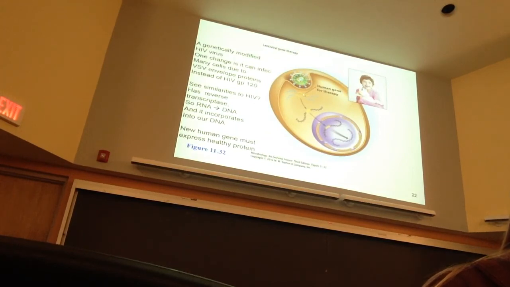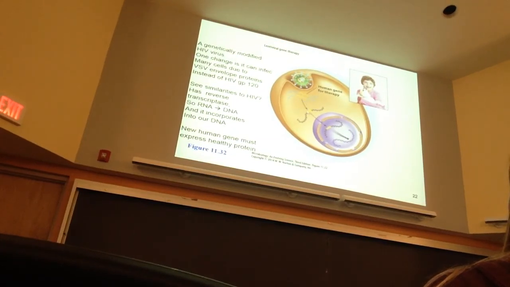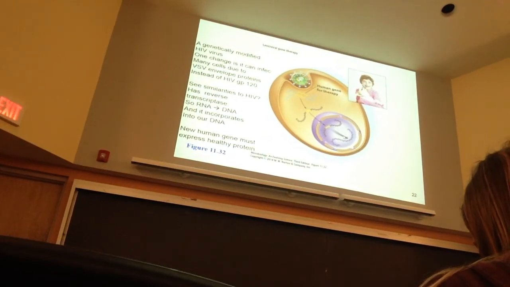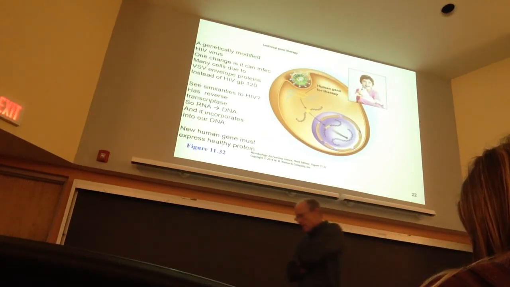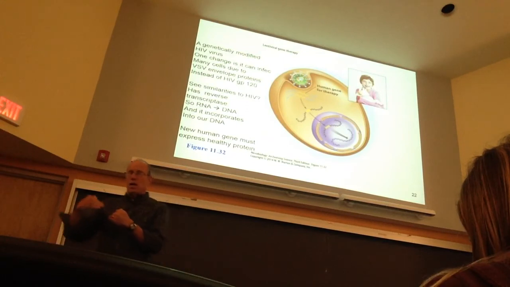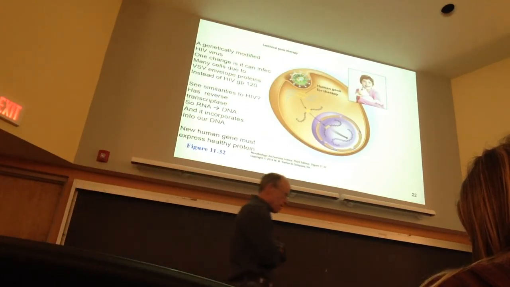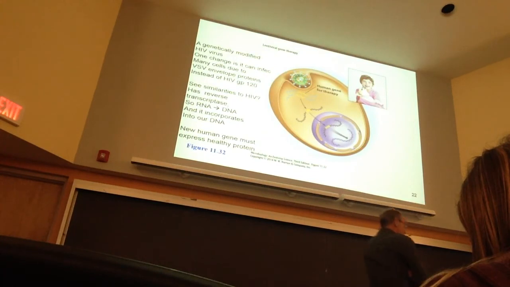So here is an inserted human gene in what would otherwise be viral sequences, and it goes through the same system where it's synthesized into double-stranded DNA, and then incorporates. It goes into the cytoplasm, and because of the insertion sequence, incorporates right into the human chromosome. So we're capitalizing on HIV's normal progression, but using it in a therapeutic setting.